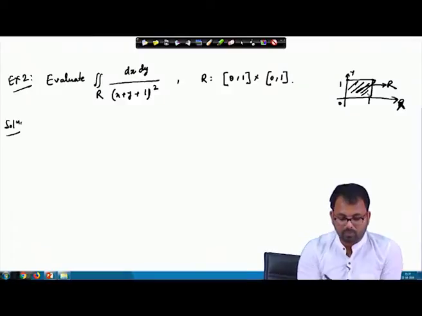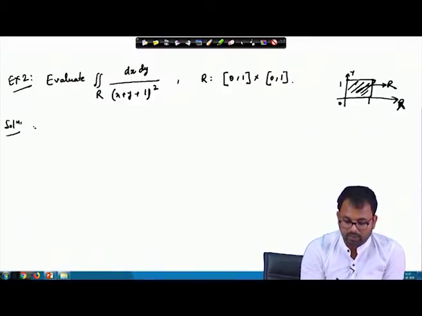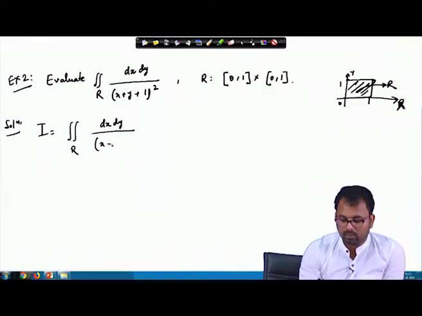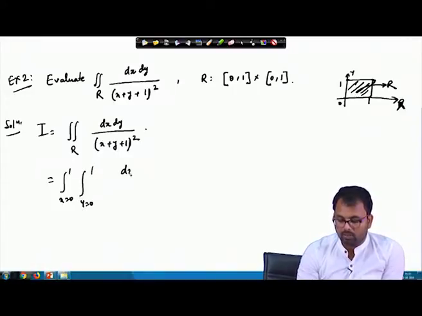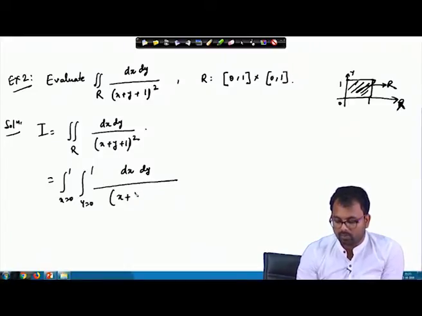Now, let us write I equals the integral over the rectangle R of dx dy by (x plus y plus 1) whole square. So, I can write it as integral x running from 0 to 1, y running from 0 to 1, dx dy divided by (x plus y plus 1) whole square.